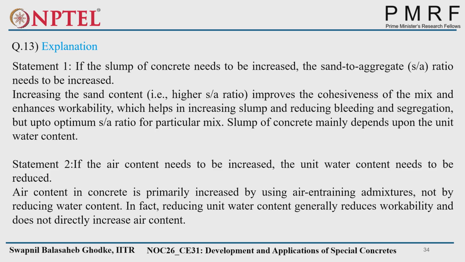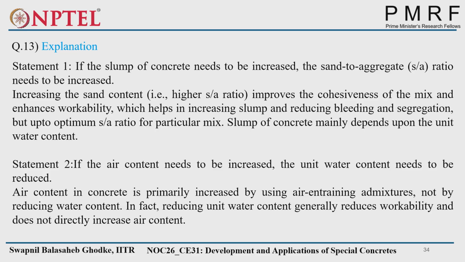The second one: air content needs to be increased, the unit water content needs to be reduced. Air in concrete is primarily increased by using air entraining admixtures, not by reducing water content. In fact, reducing water content generally reduces workability and does not directly increase air content.